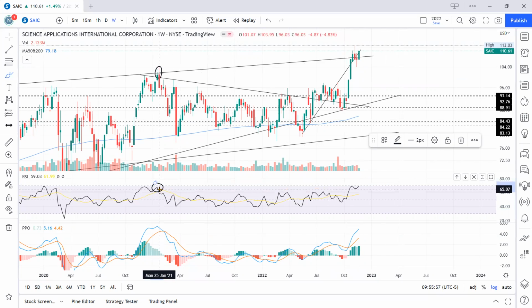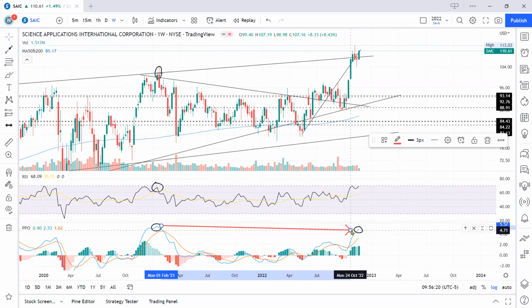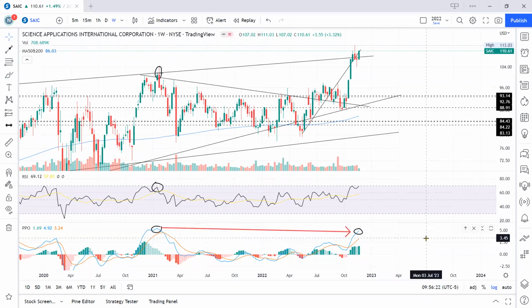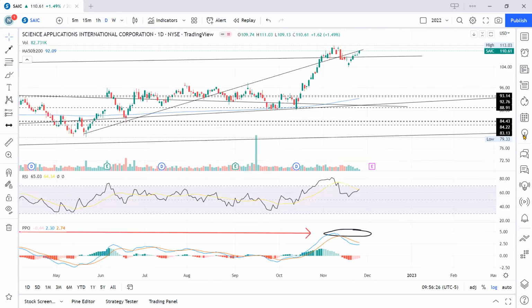Okay, so momentum is in agreement, excuse me, with price. So that's not diverging. Okay, it's in agreement. Now here on the PPO though, we've got a PPO that's way up here, and this is lower. So PPO is diverging. So only one indicator. So price is diverging. Let's look at this on the daily time frame, see how things look.